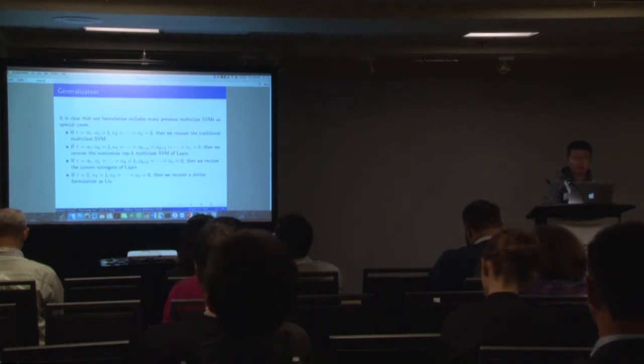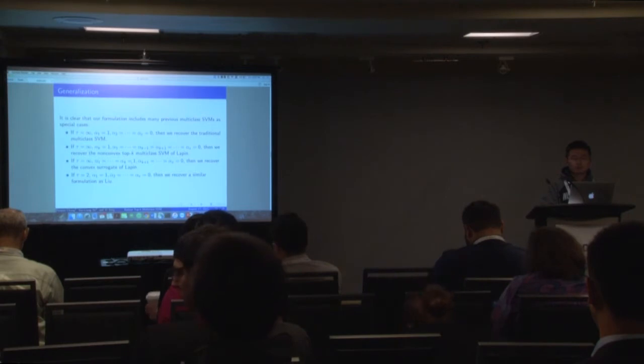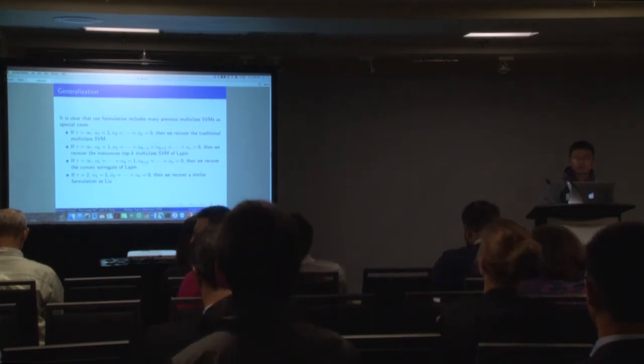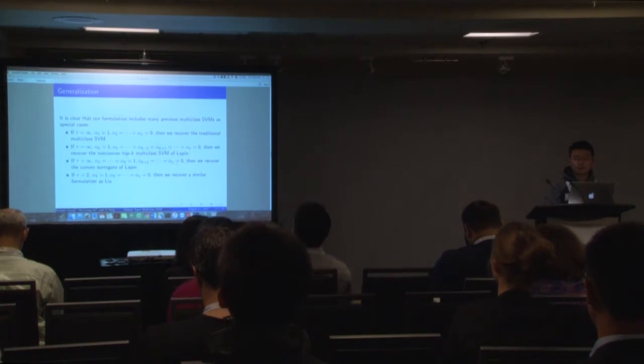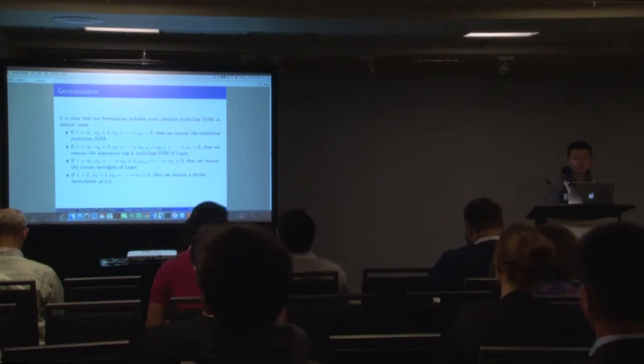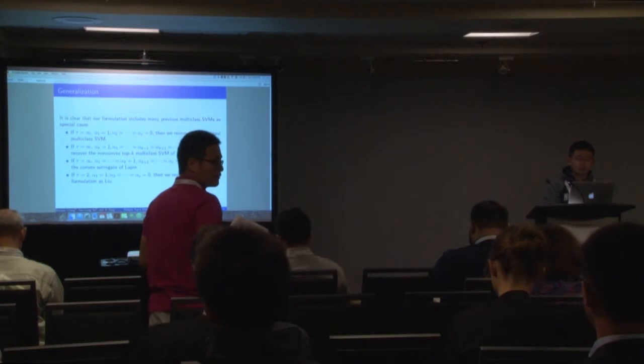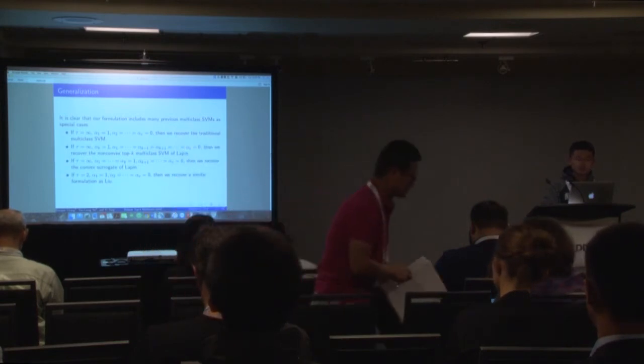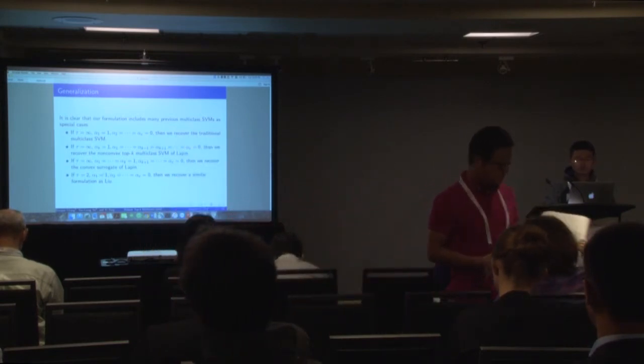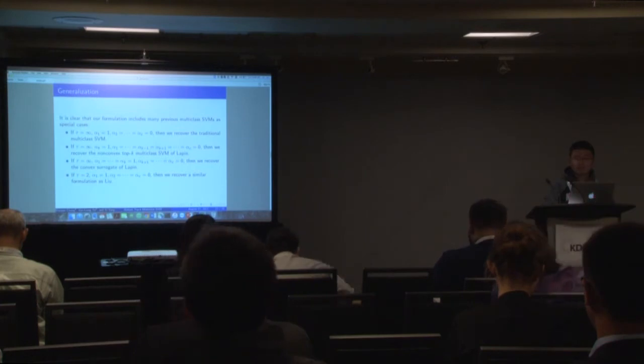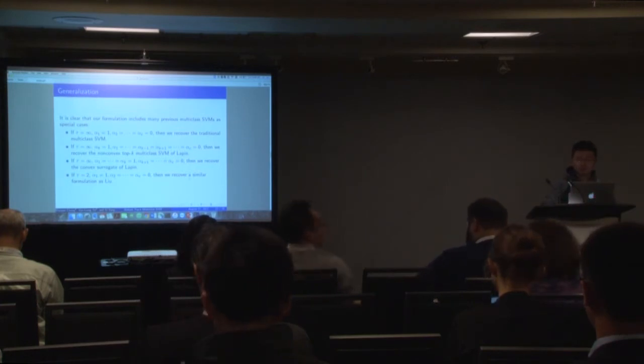This is only the case alpha equals 1. If tau equals infinity, alpha 1 to alpha k equal 1, and alpha k plus 1 through alpha c equal 0, then we recover the convex version of Lapin. And if tau equals 2 and alpha 1 equals 1, then we recover a similar formulation. This is another reference.